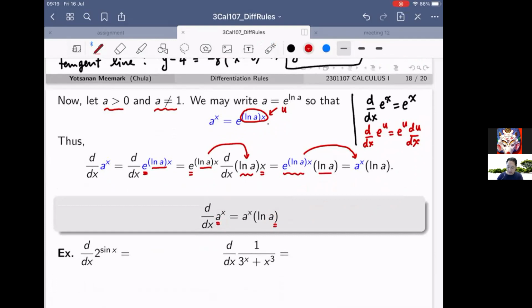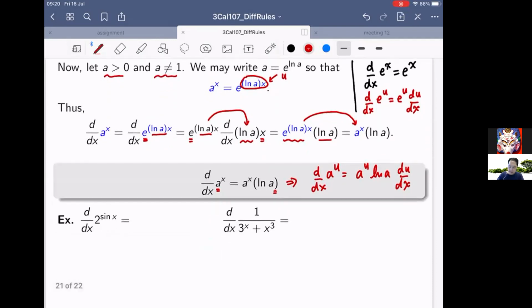Again, you can look at it this way, that if you got a to the u, it becomes a to the u log a multiplied by du by dx as well, if you attach it with the chain rule. Okay, so now let's look at the first problem.